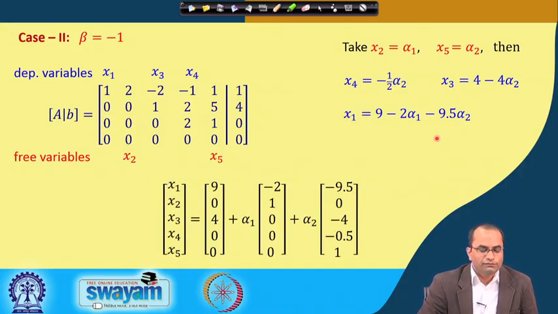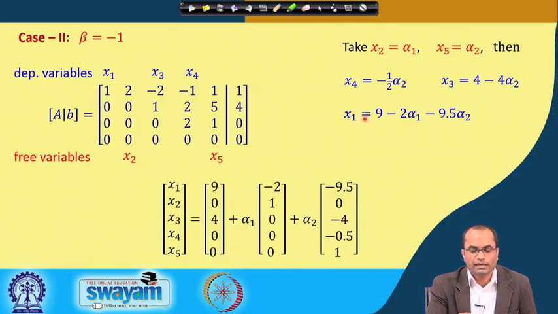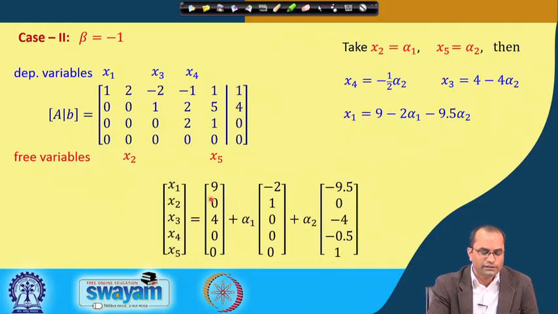In the vector form we can place them. So, x1, x2, x3, x4, the constant from each. From x1 we have 9 as constant, from x2 it was alpha 1 only, so there is nothing constant. From x3 we have 4 as constant, and from x4 there is nothing, and from x5 also we do not have anything to take as a constant.